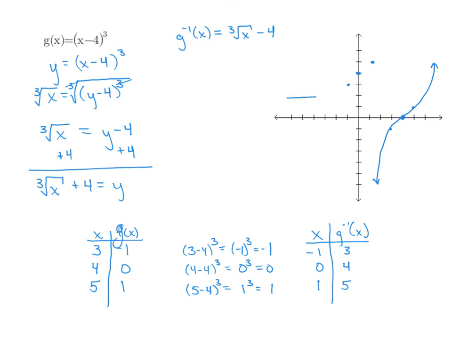And this is going to be kind of a sideways snake shape. We can also draw our line y equals x. It's not fantastic, but you can kind of see where it is symmetric about this line.